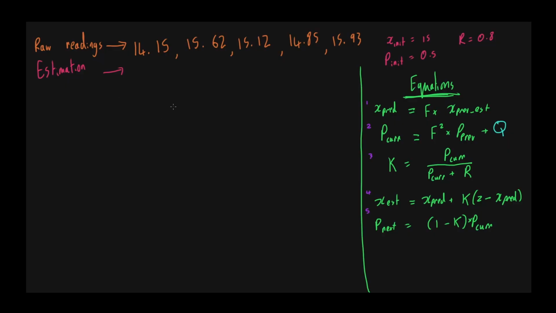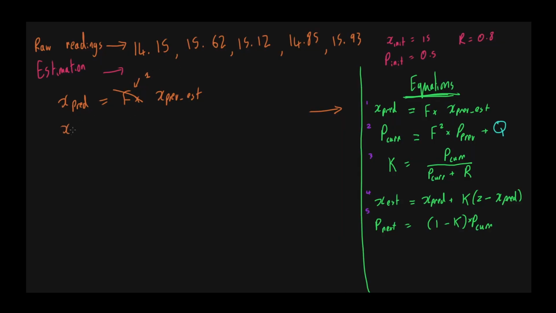I'll get the orange pen. Let's look at the first step: X predicted equals F times X previous estimate. F is the model. In our assumptions, we said we want a constant model, and in a constant model F equals 1, so we just remove it.